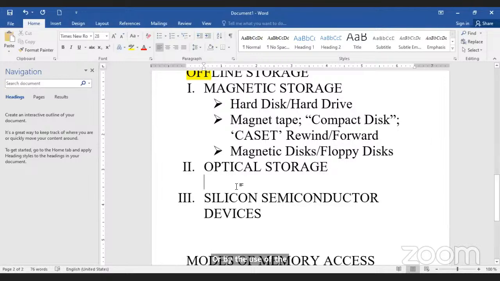So examples of optical storage devices, can you mention on the chart examples of optical storage devices that you know?